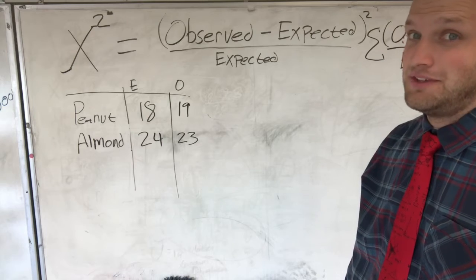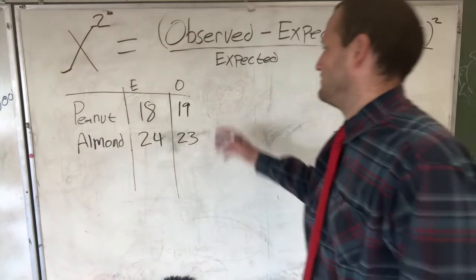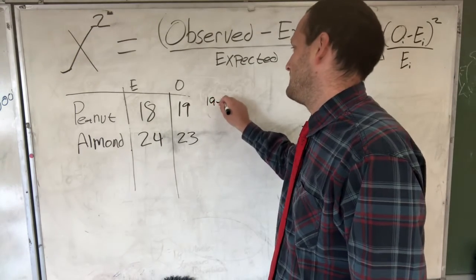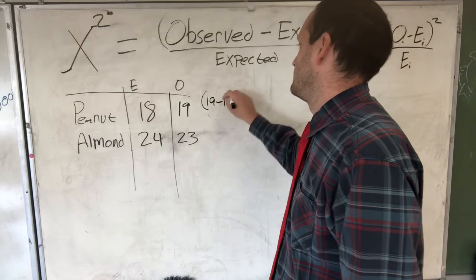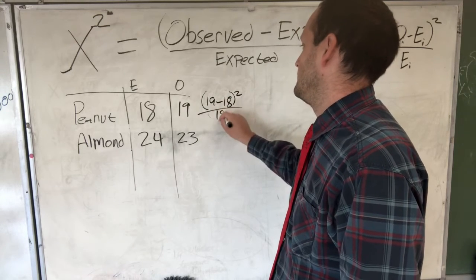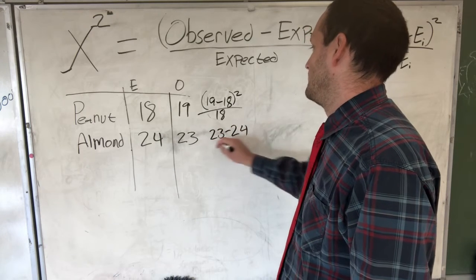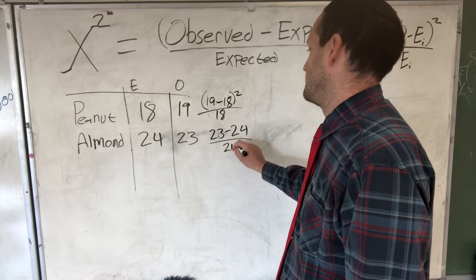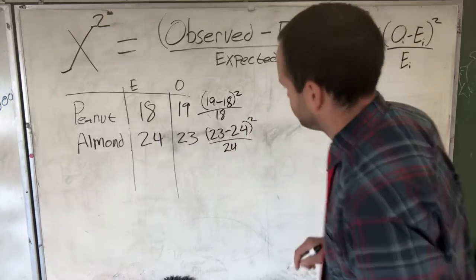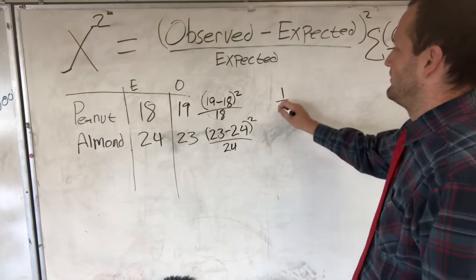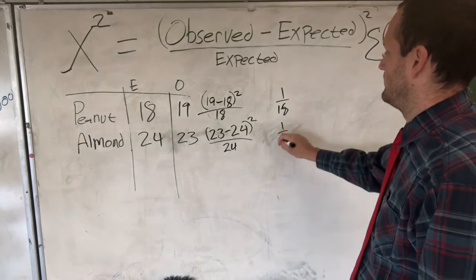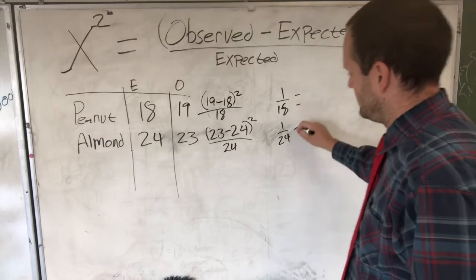All right, you should have paused the video. You should have the answer by now. Let's go through and do this. We've got 19 minus 18 squared divided by 18. Then we have 23 minus 24 squared over 24. Well, that gives me 1 out of 18 and 1 out of 24.